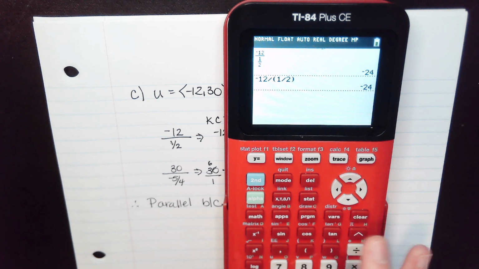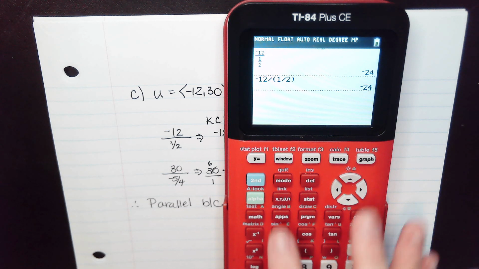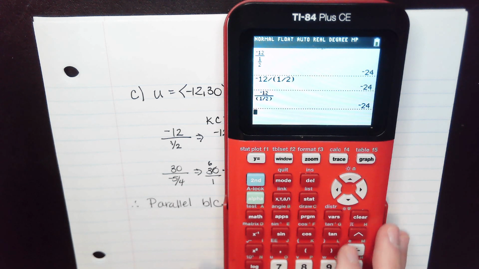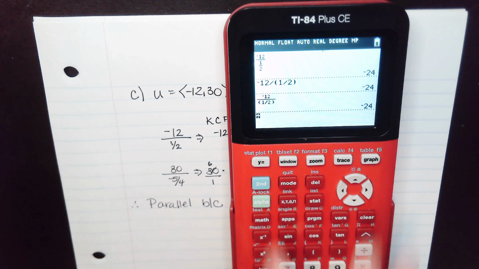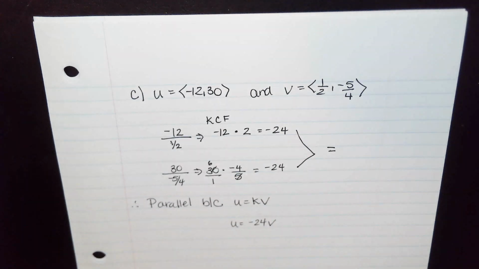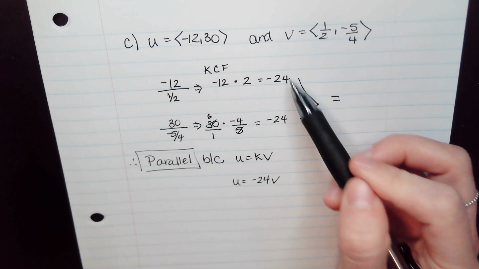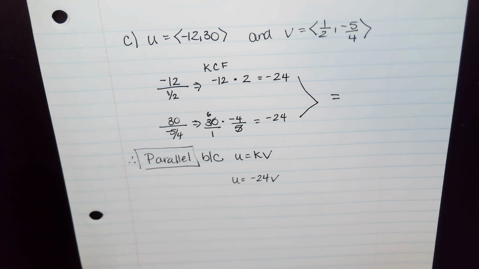So a couple different options there. Even alpha y equals negative 12 over, and then you could do your 1/2 there. So a bunch of different ways of setting it up in your calculator. But what we need to know is that they are parallel because we end up getting equal quantities there.